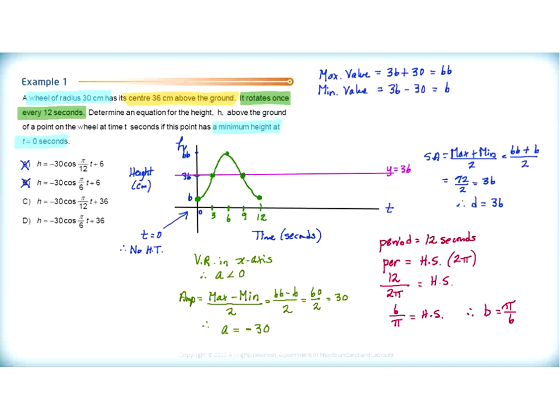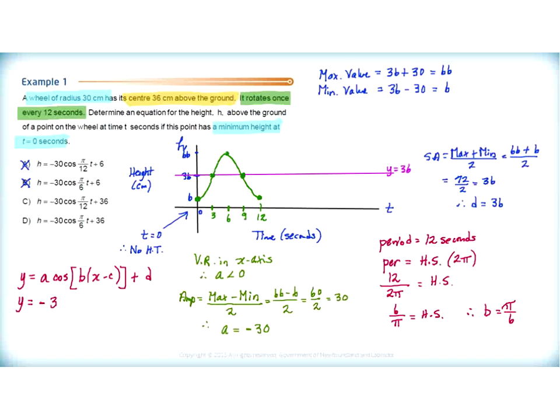So now, if you are looking for the equation in terms of cosine, it will be given by a times the cosine of b times (x minus c) plus d. The value of a is negative because of the vertical reflection in the x-axis.